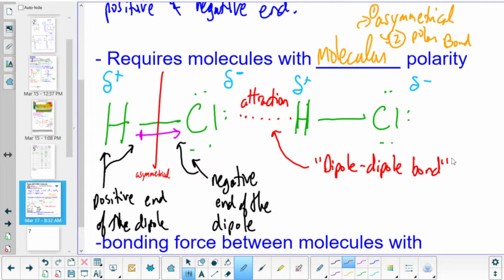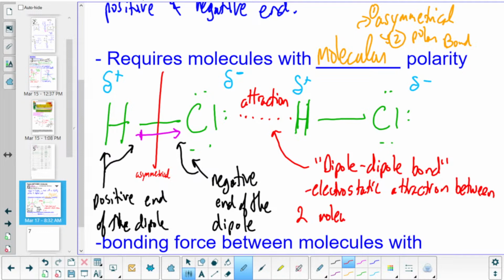That's what we call a dipole-dipole bond. It's an electrostatic attraction between two molecules with dipoles.